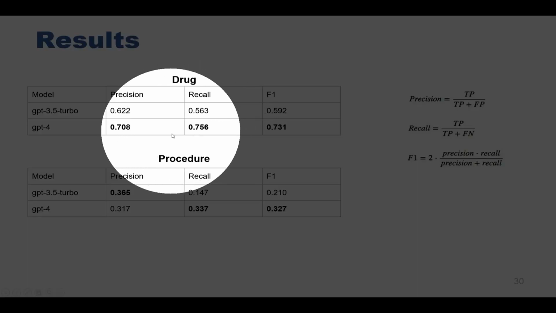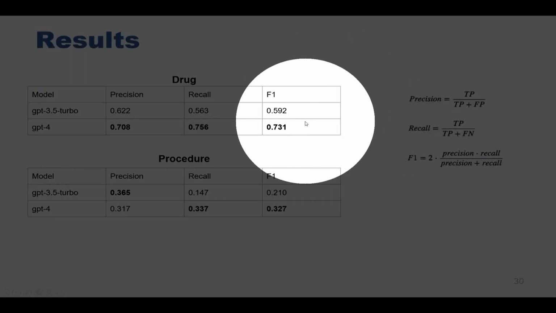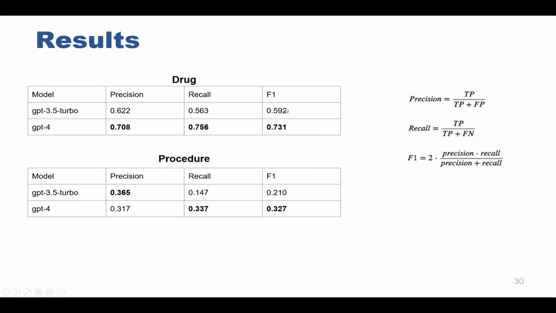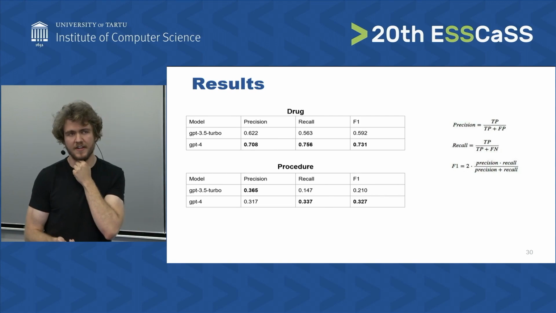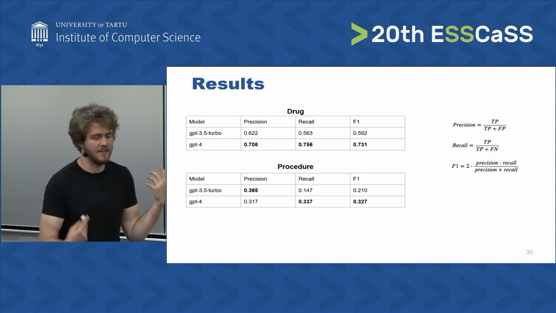And in the case of recall, if there were 100 entities, how many of those would they get? So, for example, 73% in this case would be hit, and 27% would be missed, so the model didn't get them. Looking at these results in the context of drug, it's not the worst, it kind of works.